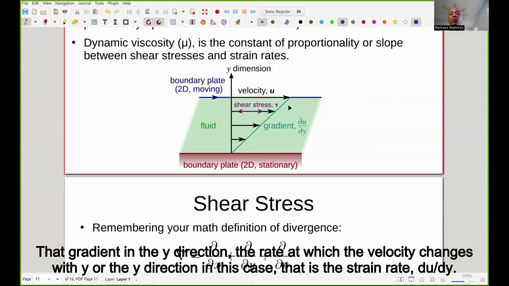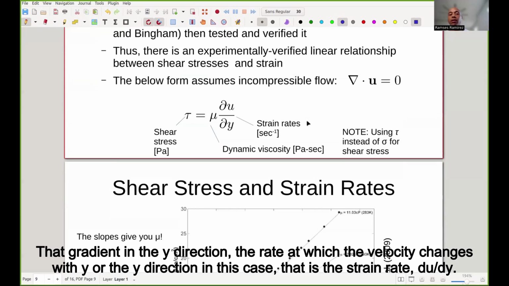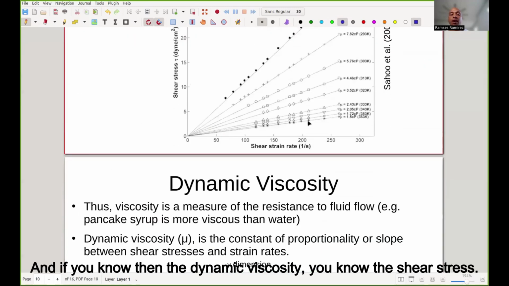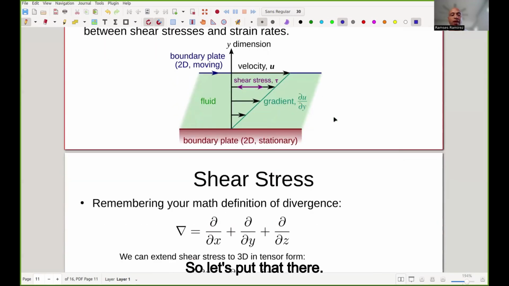That gradient in the y direction, the rate at which the velocity changes with y, that is the strain rate, du dy. And if you know then the dynamic viscosity, you know the shear stress. So let's put that there.